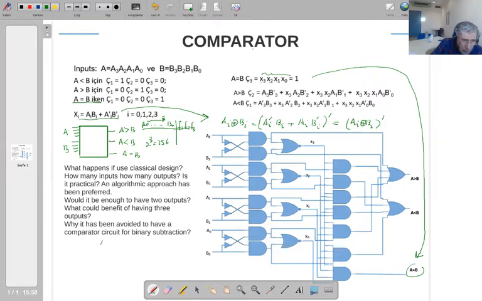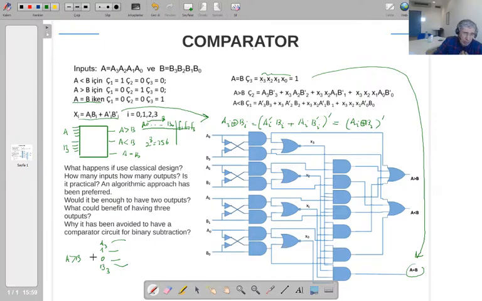For example, let's say A3 is 1 and B3 is 0, whatever the others are. If A3 is 1 and B3 is 0, you can easily say, without looking at the other bit values, that A is bigger than B, just by looking at the most significant bits.